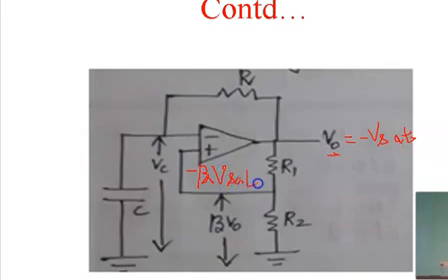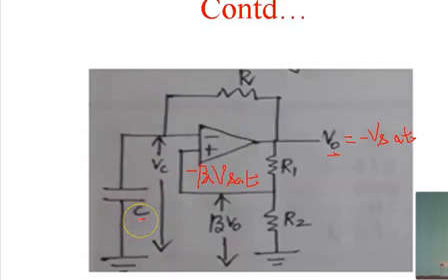Now, if the voltage at the non-inverting terminal of the op-amp is minus beta V saturation, the capacitor starts discharging. It keeps on discharging till it reaches the voltage minus beta V saturation.